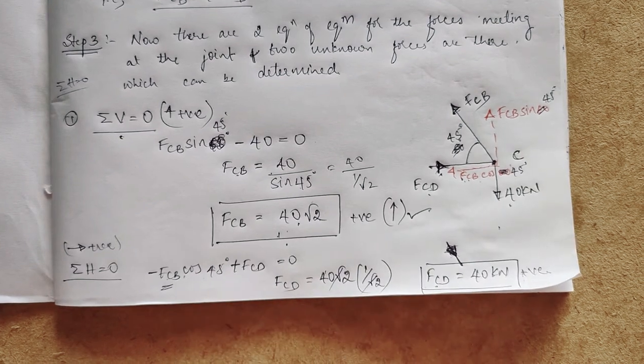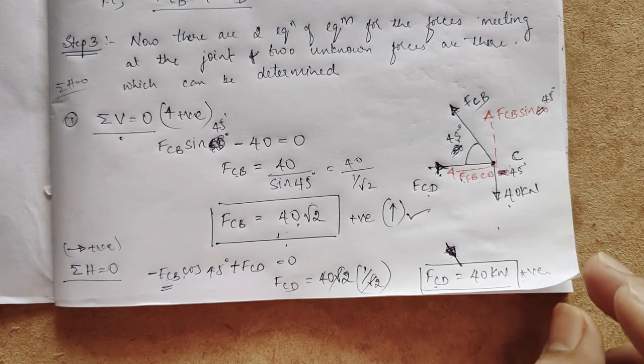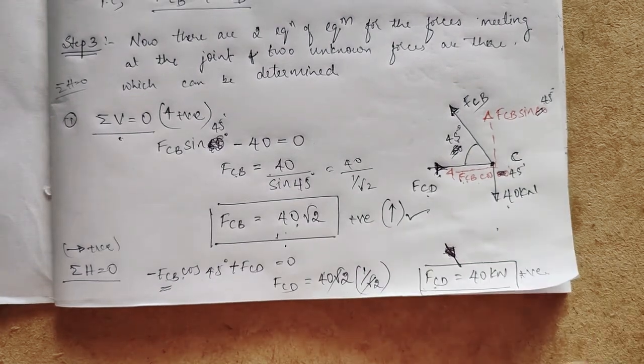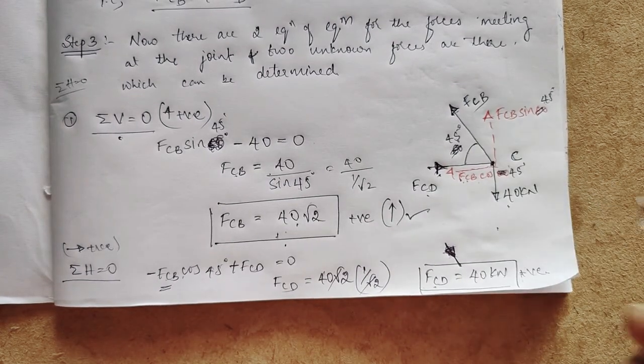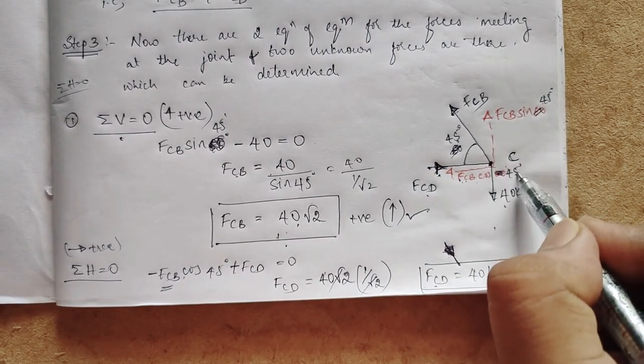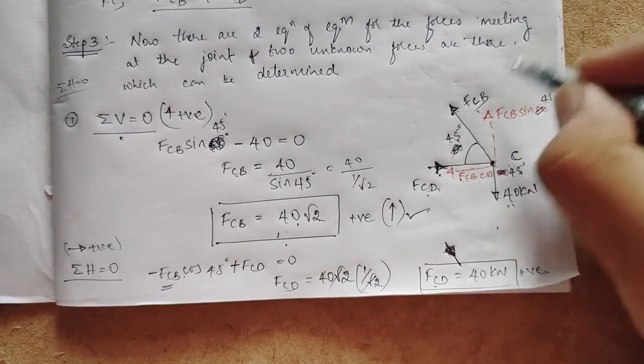So FCD and FCB we found. Same equilibrium concept, taking that joint and applying the equilibrium concept. It's very easy, don't leave it in the exam, but it is lengthy, that's it. So there is no confusion, nothing, right? We have to take the free body diagram and continue. So the 3 forces at C are FCB, FCD and 40 kilonewton.